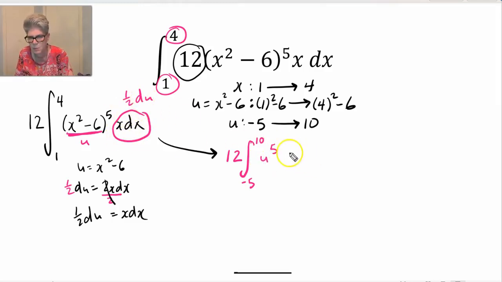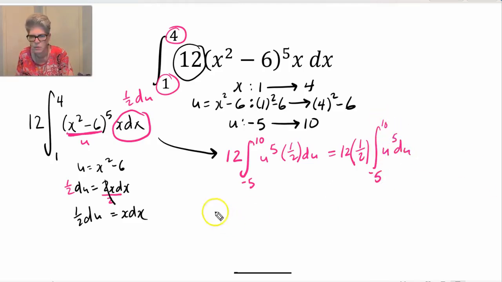And then the x dx is 1/2 times du. And again, 1/2 is just a constant, and it's part of a product, so I can move it out the front. Okay, now I'm going to switch back to black. 12 times a half is 6.